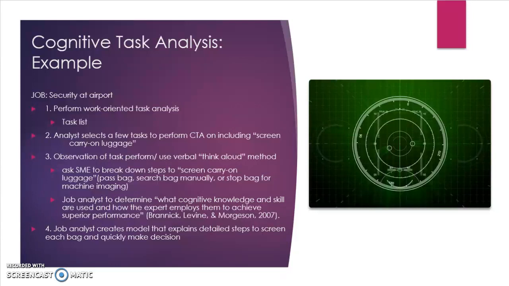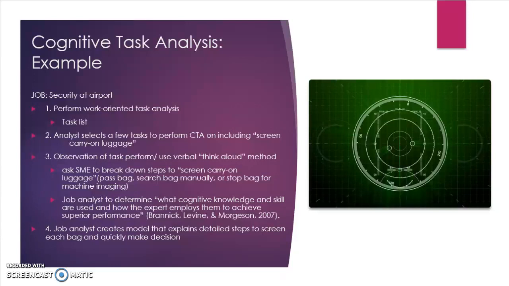This takes us to the third step, where the analyst observes the task actively being performed and takes notes, and they also use the verbal think aloud method with the SME. So with think aloud, essentially the SME says out loud everything that's going through their minds and what they're thinking as they go through the decision process to decide what to do with the luggage as it goes through the scanning machine.